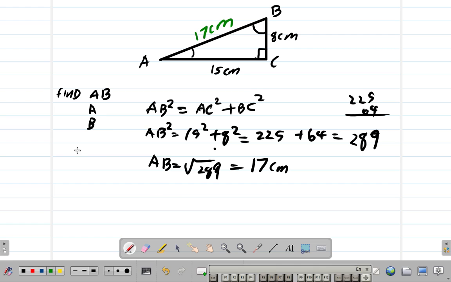Alright, then we want angle A. Angle A now. So, what we can say, well, we should put BAC is the same as A. So, this angle here is what we want.